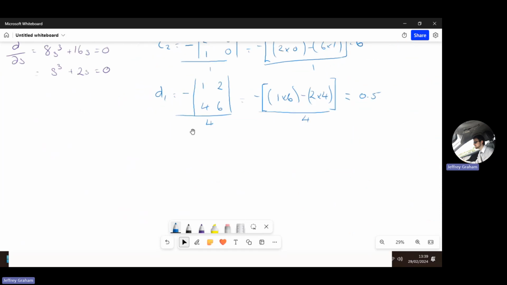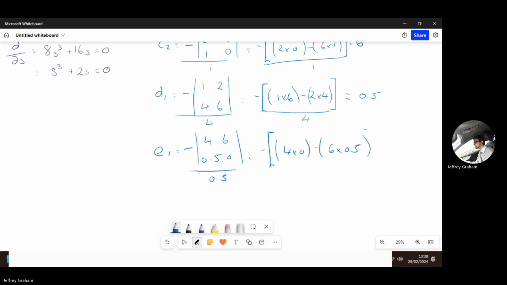Very quickly leaves us with A1. So A1, you can see the bottom row is going to move up 4, 6, and from the row below that is now 0.5, 0, all divided by 0.5. 4 times 0, take away 6 times a half, 1 over half.